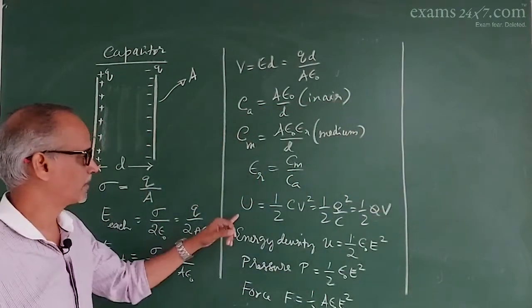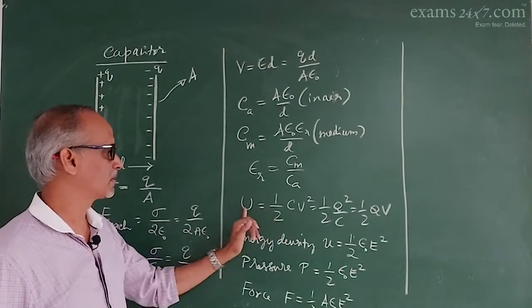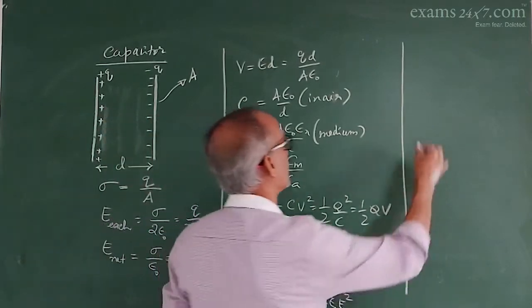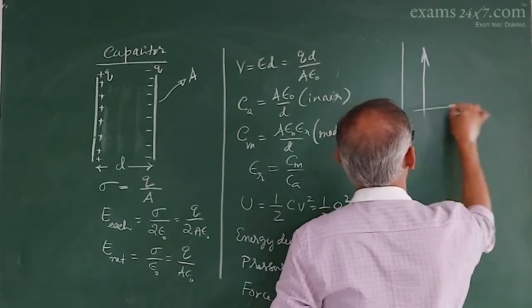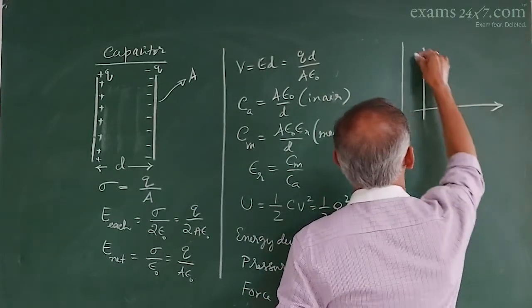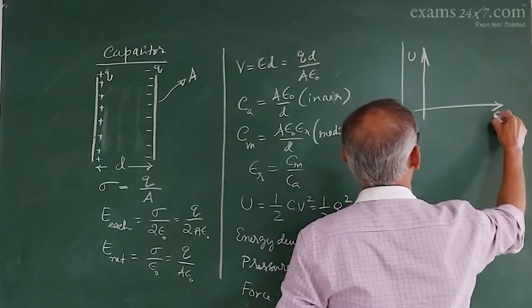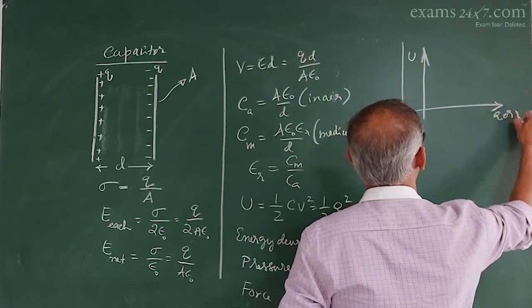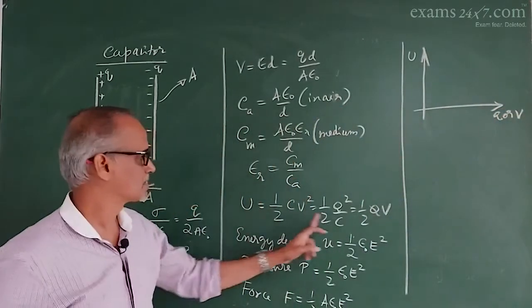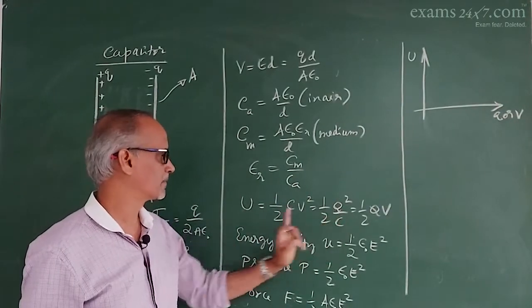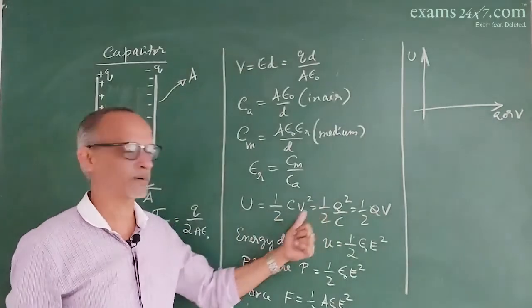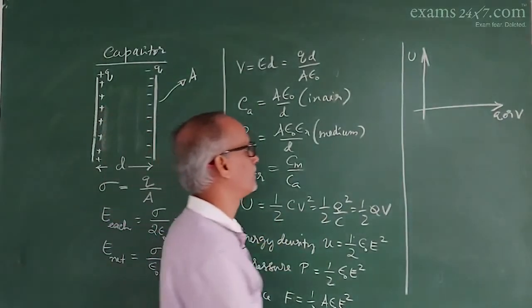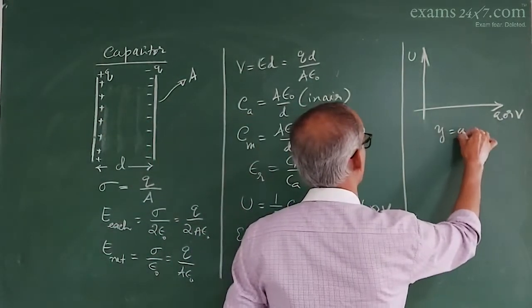Now based on the equations U is equal to half CV square or U is equal to Q square by C, the kind of graph that we get is U versus Q or U versus V. From here, U is equal to half Q square by C, and from here U is equal to half CV square, and both equations are of the form y is equal to a x square.